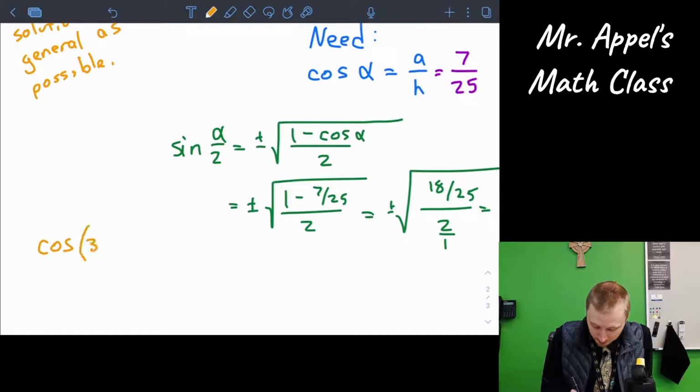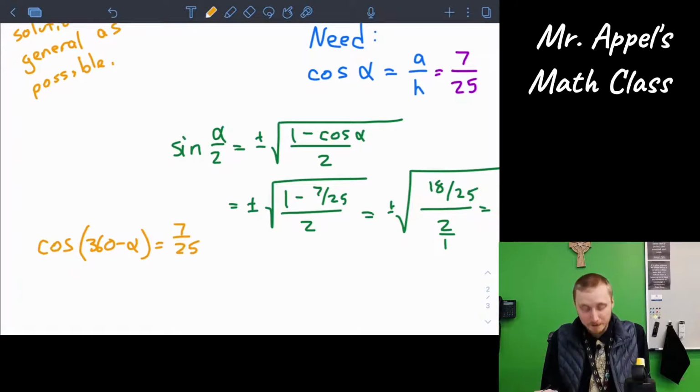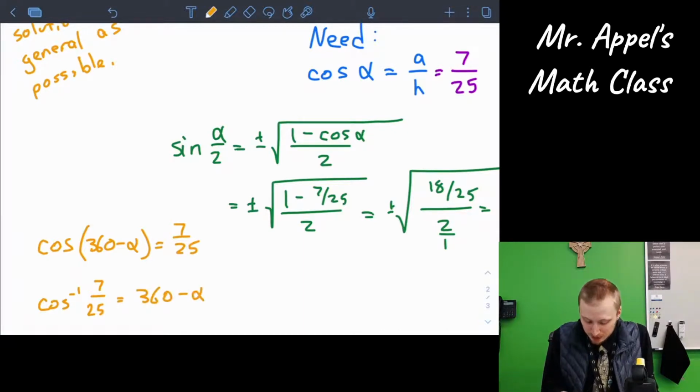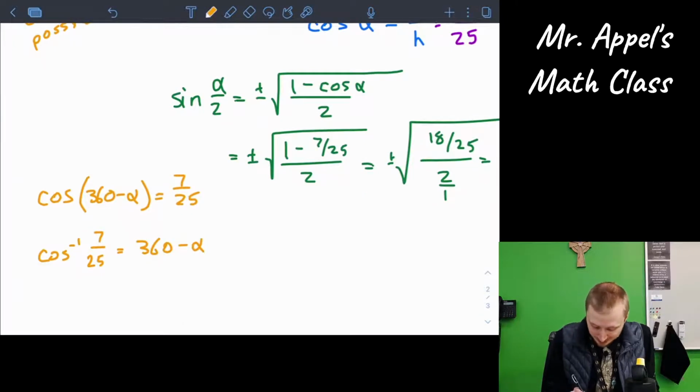It's the 360 minus alpha that is 7 over 25. So I'm going to take the inverse cosine of 7 over 25 to equal 360 minus alpha, right? And then alpha will be 360 minus that number.